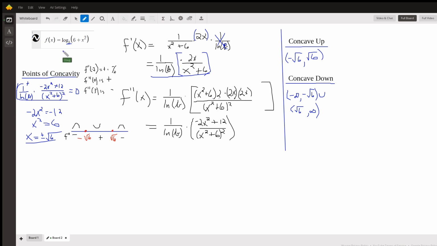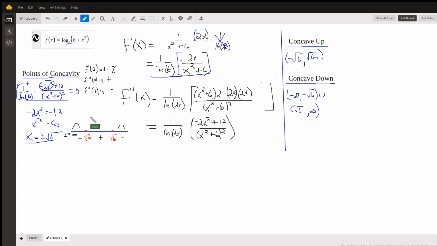Well, I should say it's always positive if the base is greater than 1. But if I put a negative 3 in here, I get a negative for this term that's greater than 12. And so that's negative. And when the second derivative is negative, the original function is concave downward.